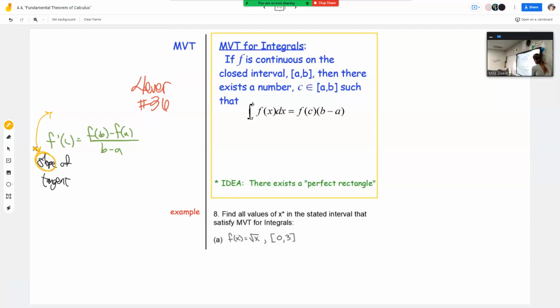Slope can be applied in an application problem to be describing a rate of change. Which could be like a velocity, it could be like an acceleration, which is the rate of velocity, etc. But it's a rate. So, rate of a tangent is a rate at one point. One rate at one point.